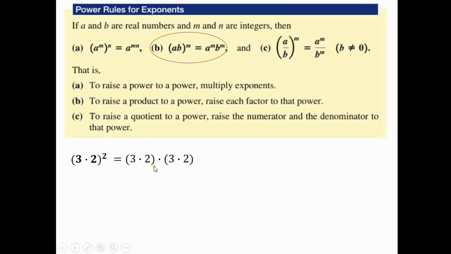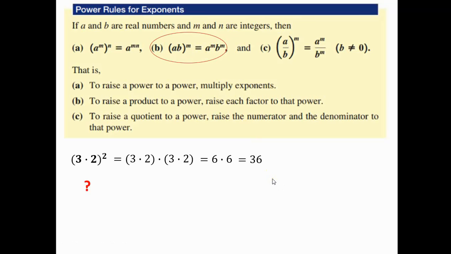In this case, we take it times itself twice. All right, 3 times 2 is 6, and 3 times 2 is 6. And 6 times 6 is 36.